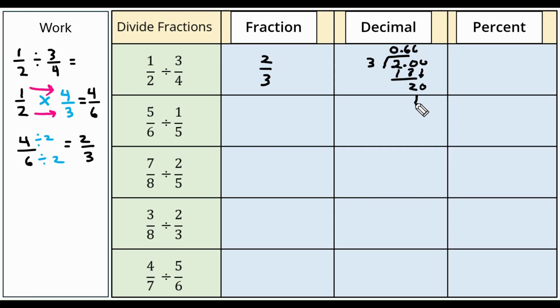And all of a sudden we find that it just keeps going. We could do this forever. And so we're just going to have 0.6666 as a decimal, and we put a line over it to say that it continues forever. Now, to help with the percent, let's just round this to the hundredths position.